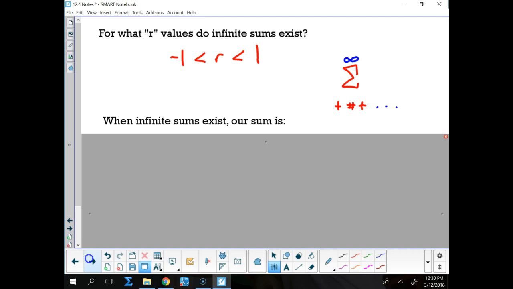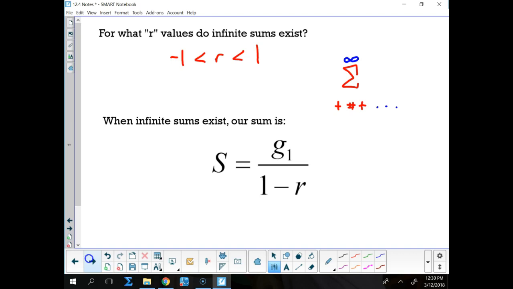And this new formula is phenomenal because it simply is: the infinite sum is equal to the first term divided by 1 minus r. Notice how it's not S sub n, because there is no number of terms, because the number of terms is infinity.